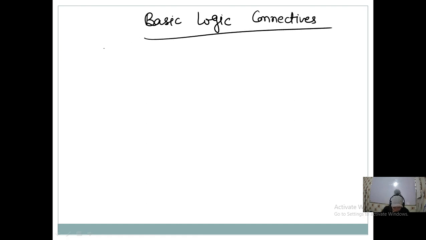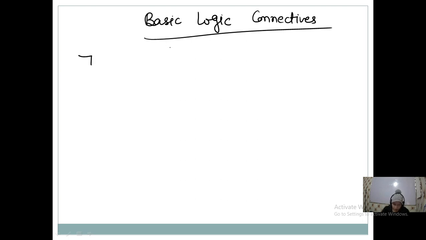Now next, there are some basic logic connectives. First, negation.